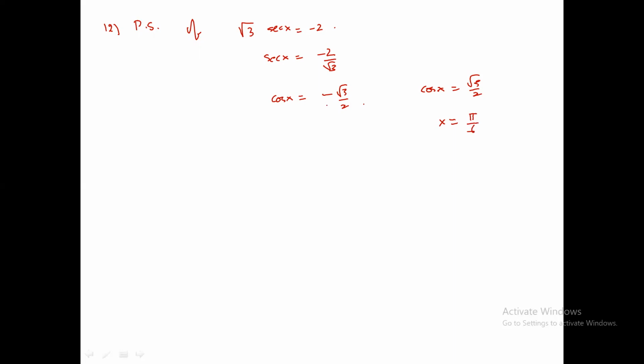But because it is negative, cos x will be negative in the second quadrant. That means pi minus pi by 6 you have to take. So x will be equal to 5 pi by 6.